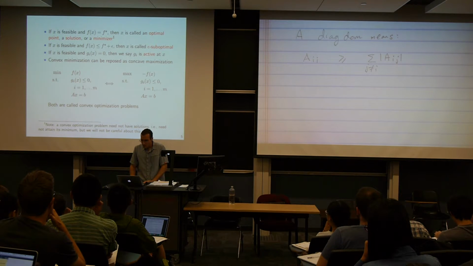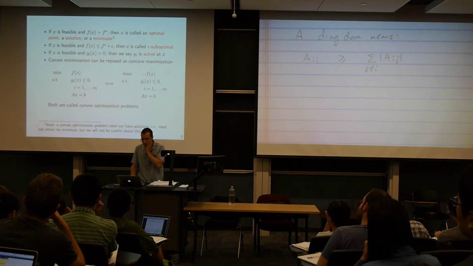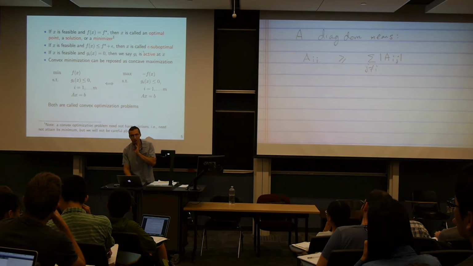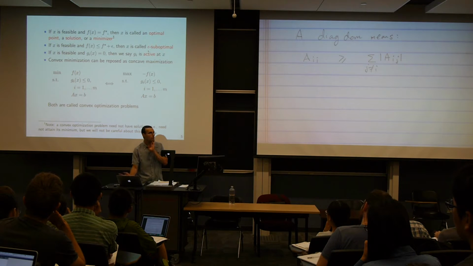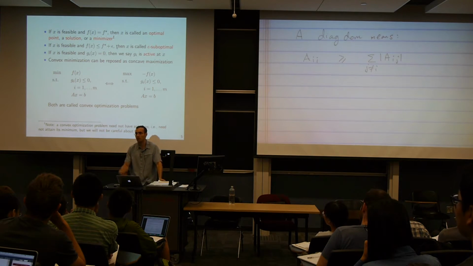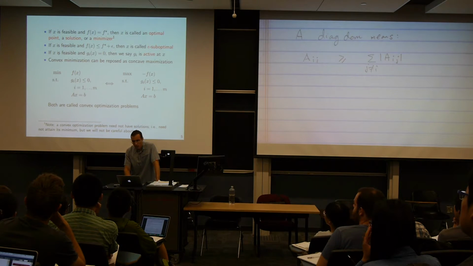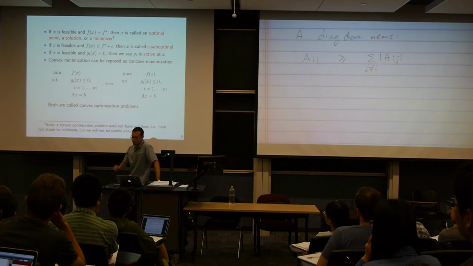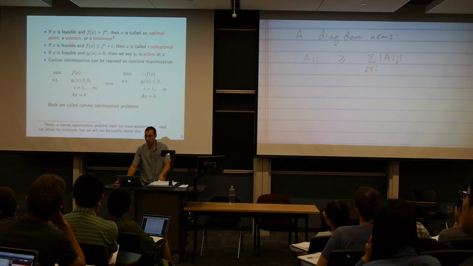If x is feasible and it achieves a value within epsilon of the optimal value, we call it epsilon suboptimal. It's just terminology. That means f of x is less than or equal to f star plus epsilon, but it also has to be a feasible point. If x is feasible and this particular inequality constraint, gi of x less than or equal to 0, is actually equal to 0 at that point, we say that constraint is active or tight.